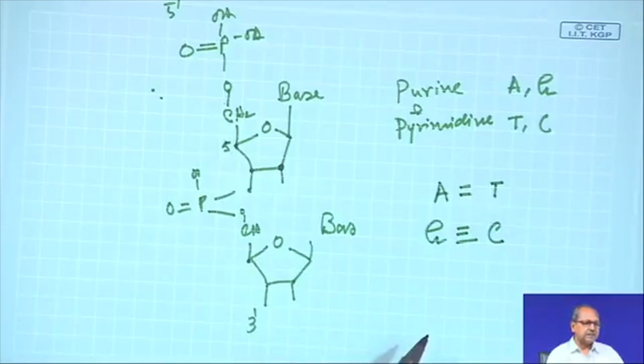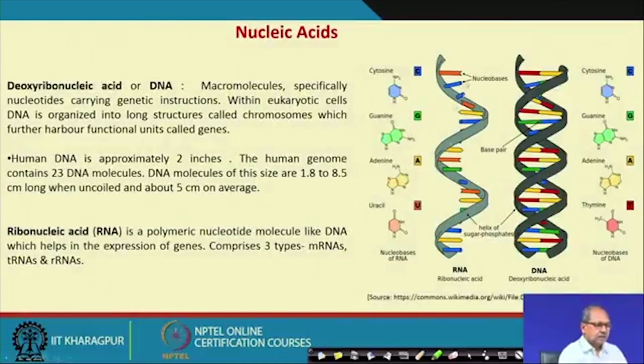So, these A, T, G, C pairs are the nucleotides, and a sequence of 3 nucleotides makes the genetic codon. So, the message is stored in the form of genetic codes.